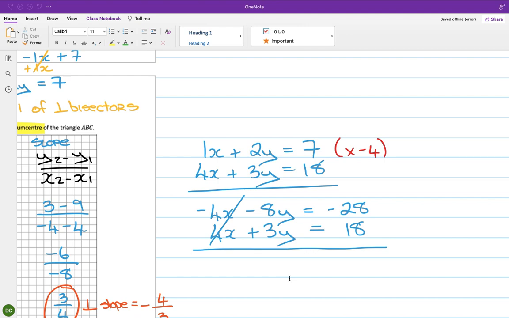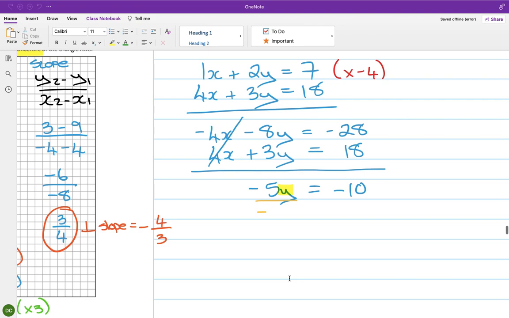Okay, the y's are minus 5y and the numbers is minus 10. So I'm going to isolate the y by dividing by minus 5 to cancel out the multiplied by minus 5. And then I divide by minus 5 on the far side. So that's 2 for y.